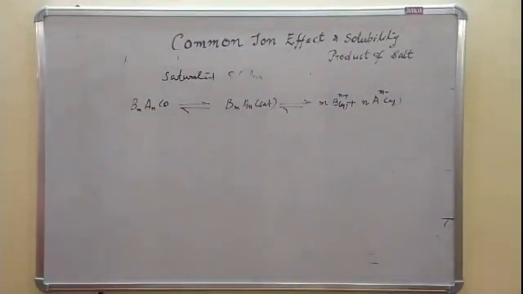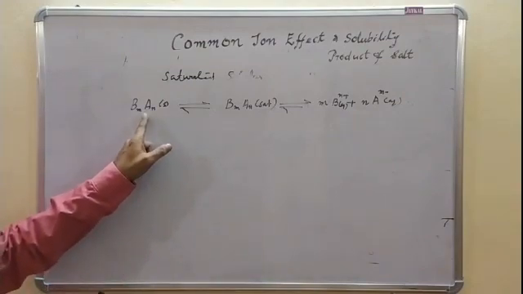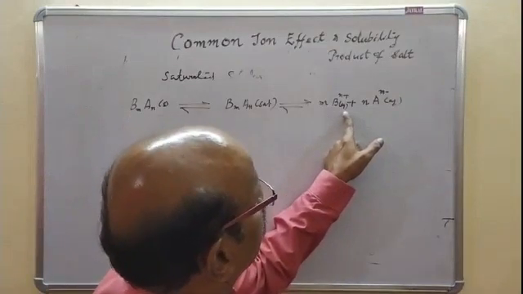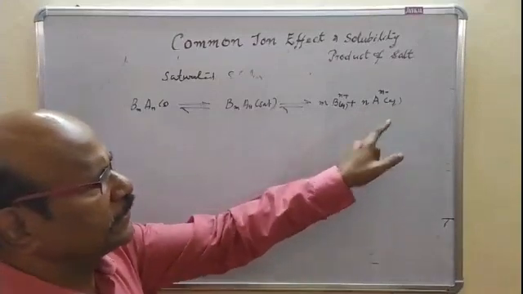This is the situation. So this equation is like this. The solid BmAn exists in the saturated solution as m B n plus aqua plus n A m minus aqua.